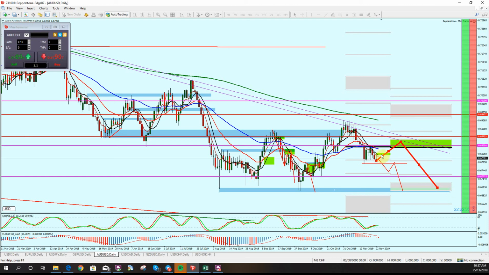Plan A is up to here and down. Plan B is a break of this level, back for a retrace and down. Plan C, if it keeps going up to this level by the end of the week, then you sell up here and down to here.